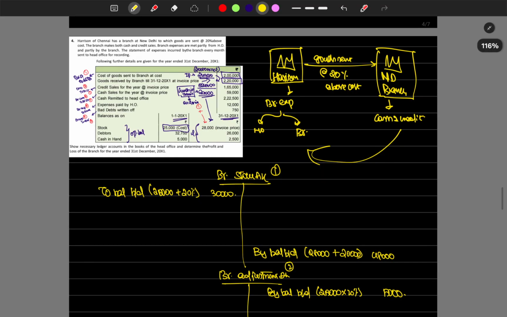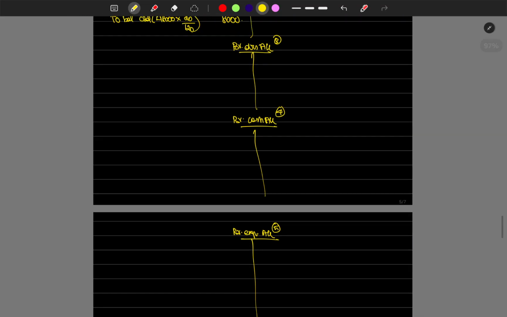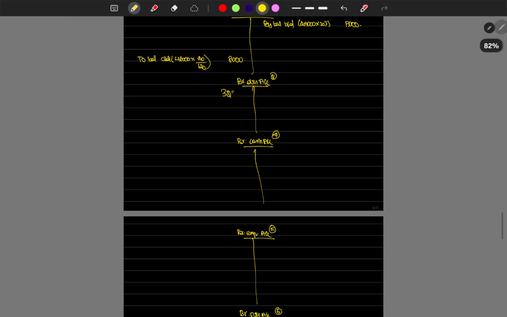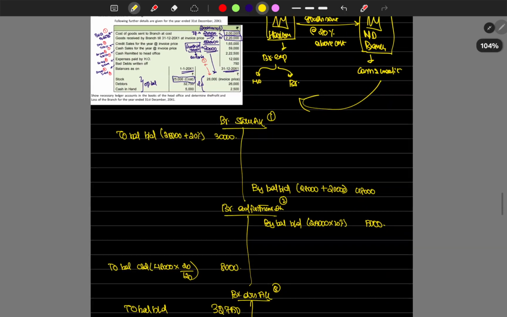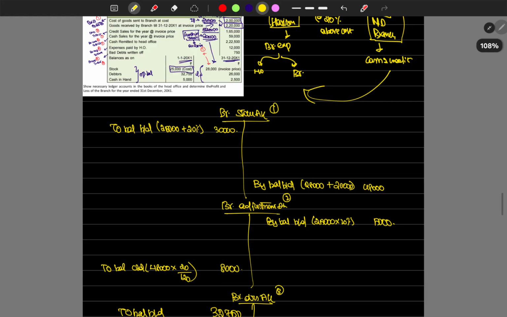Then debtors balance, which is 32,750, 26,000. Sorry, to balance brought down by balance carried down. Then goods received by branch at cash in hand.